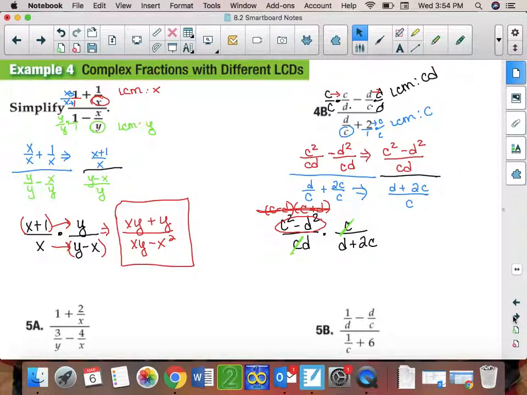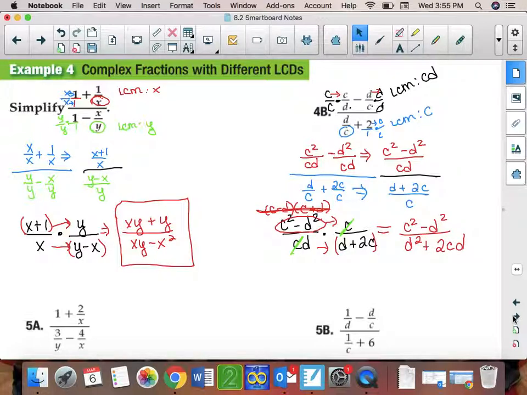And then once I'm done, I'm just going to multiply across the top and multiply across the bottom. So I'm going to have c squared minus d squared over d squared plus 2cd.